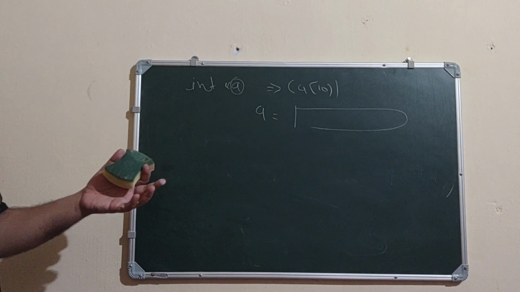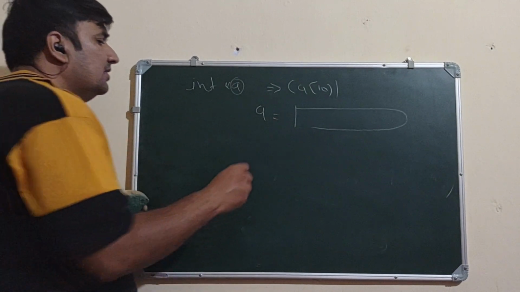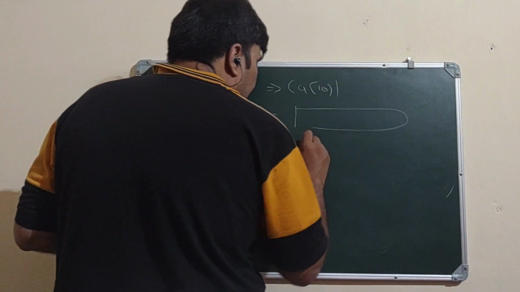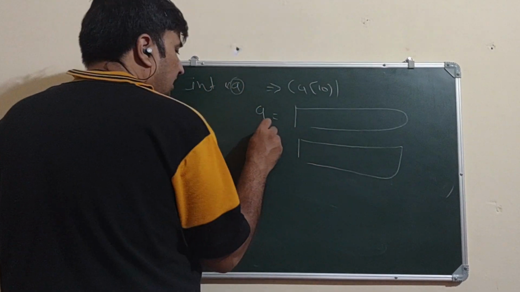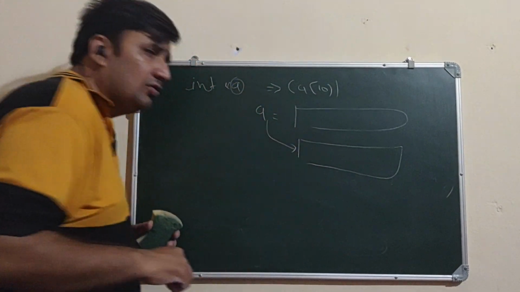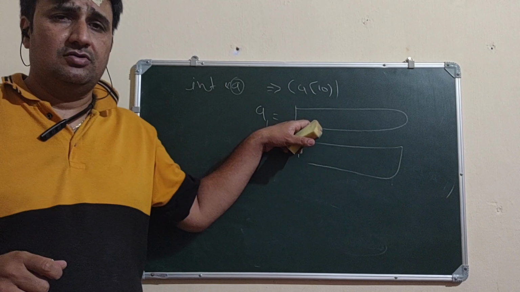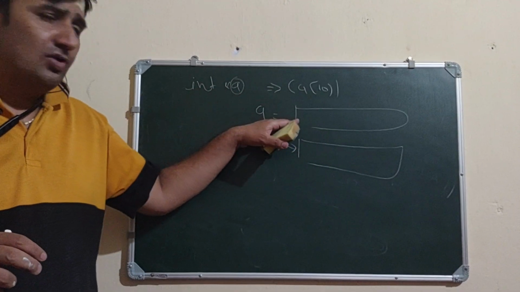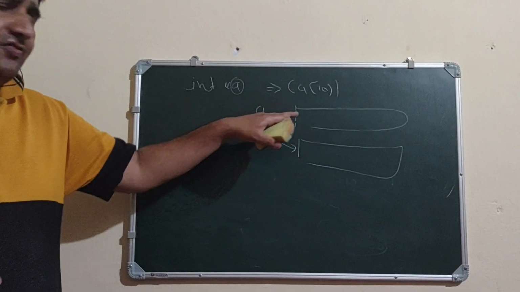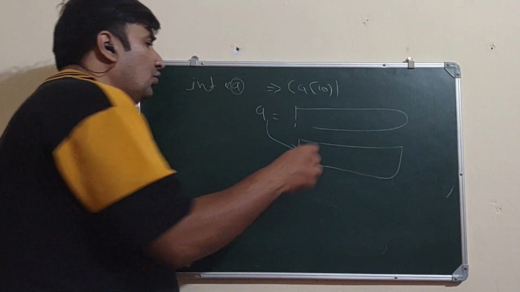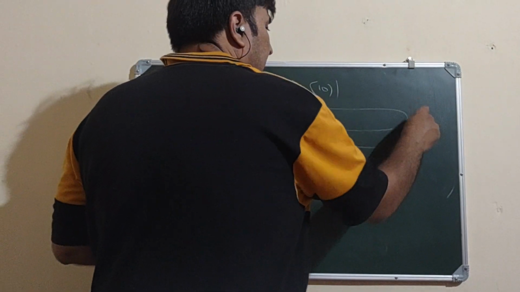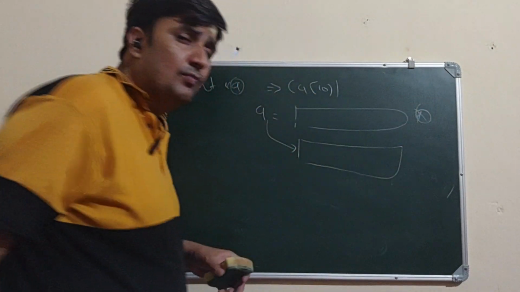But at a later point of time, again I created a new block, and now A is pointing to the new block. So what will happen to the first block? I created a block, I didn't free that memory, and no pointer is pointing to that particular block.